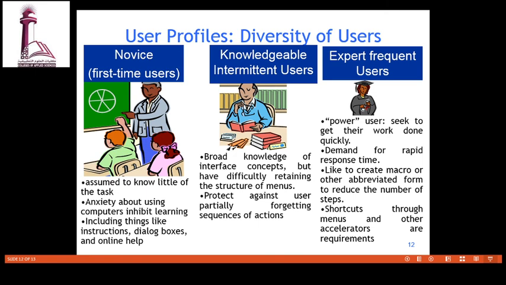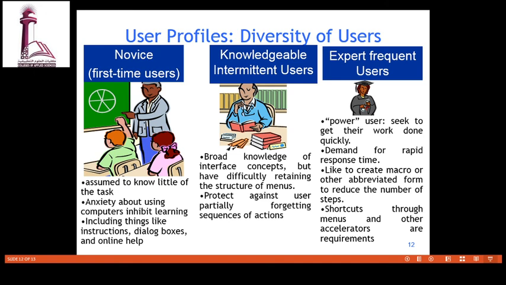So for them, the HCI designer has to protect against the user partially forgetting the sequence of actions. They forget some actions, so the designer has to protect against that.